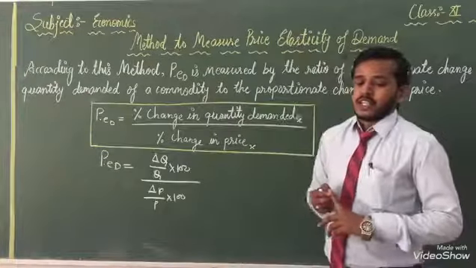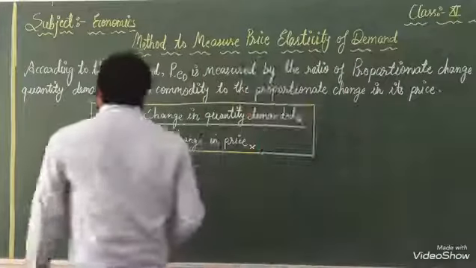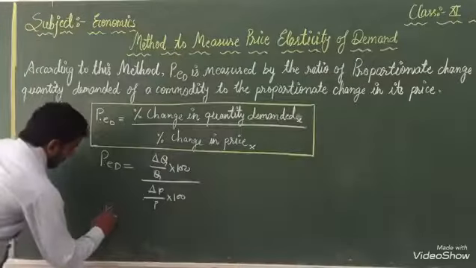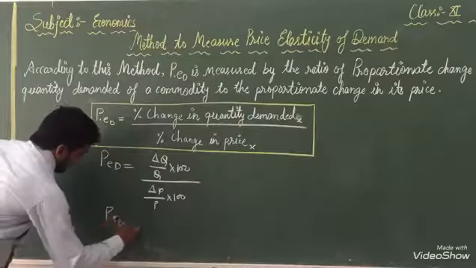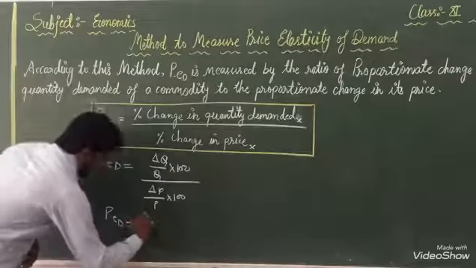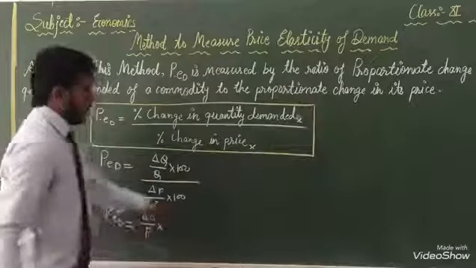Now we write price elasticity of demand equals del Q by Q into 100 divided by del P by P into 100.